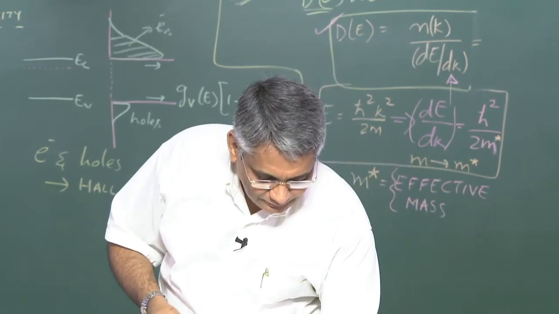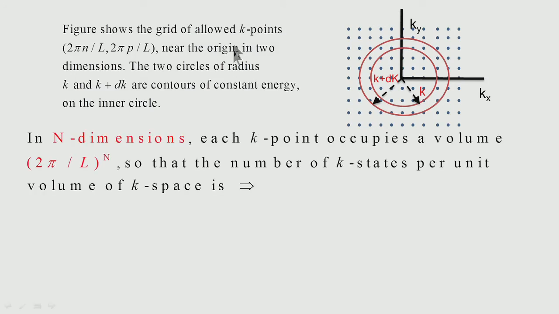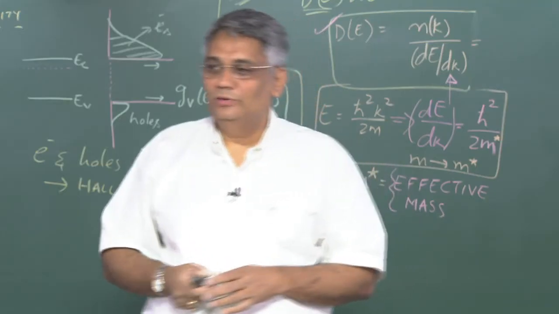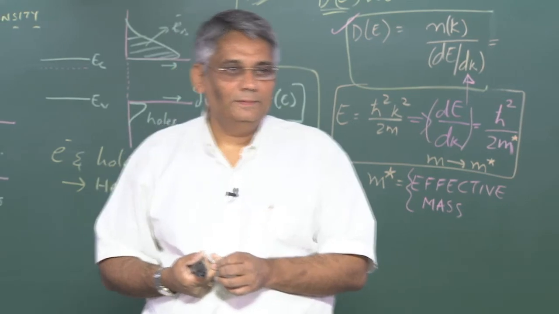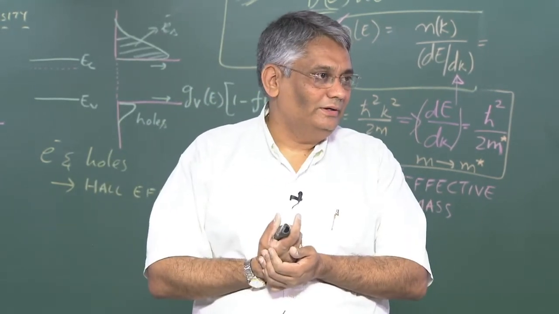Now, in n dimensions, each k point occupies a volume of 2 pi by L to the power n. So, the number of k states per unit volume of k space is simply 1 by 2 pi by L to the power of n.